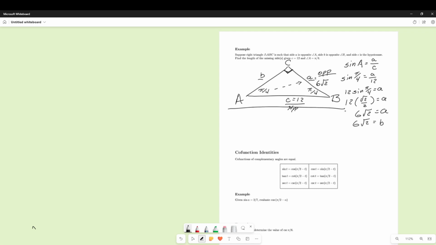Now if we had recognized that this was one of our special triangles before we went very far, recognizing that the angles are pi over 4, pi over 2, pi over 4, and that the hypotenuse was 12, if we remember that our isosceles right triangle had ratios of 1, square root of 2 over 2, and square root of 2 over 2, we could have automatically set up the relationship.